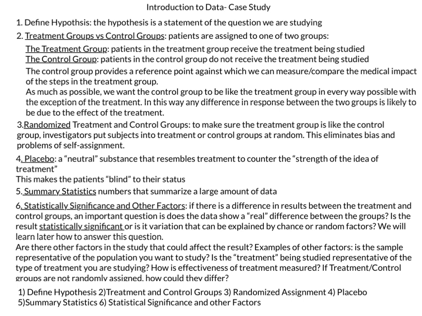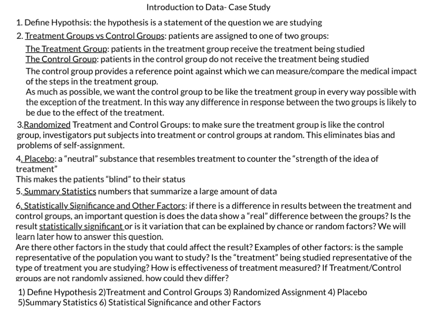Once we have all of our data from all of our test subjects, we often don't look at individuals and their data, but we look at summary statistics. Those are numbers that summarize a large amount of data. Once we have our summary statistics, we want to compare summary statistics between the treatment and control group.